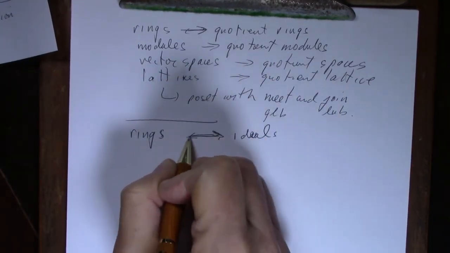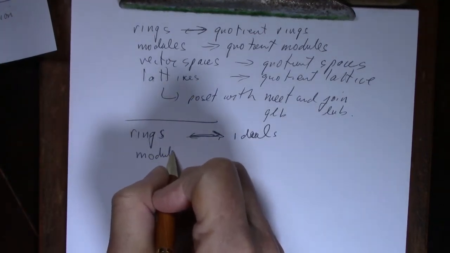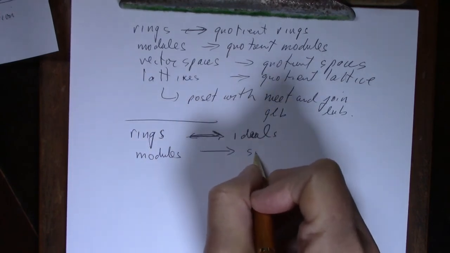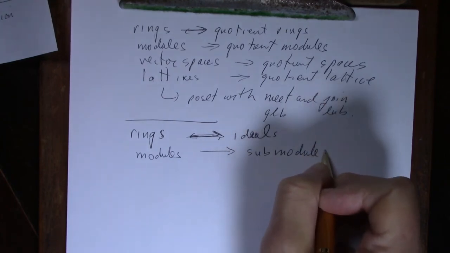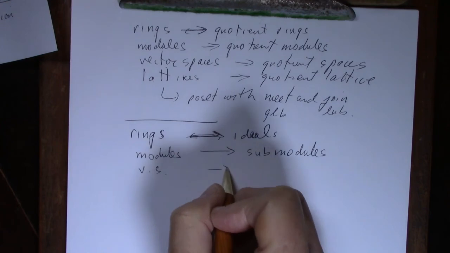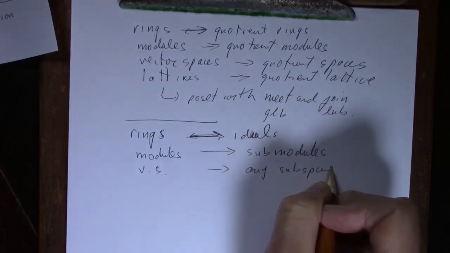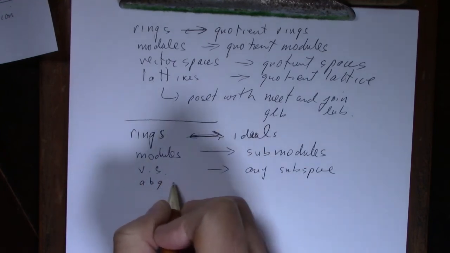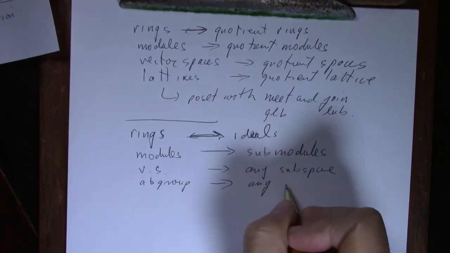This is one way. When we do the same thing for modules, we will discover the special structure is not so special. It's any submodule. For vector spaces, it's any subspace. For abelian groups, it's any subgroup because they're all normal.